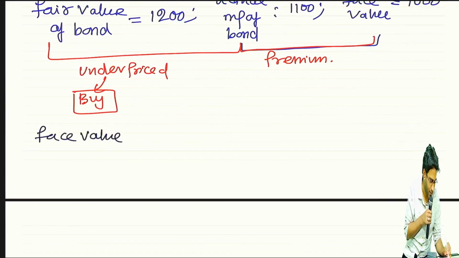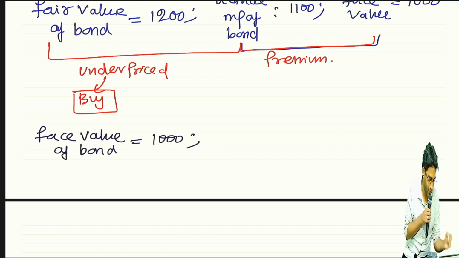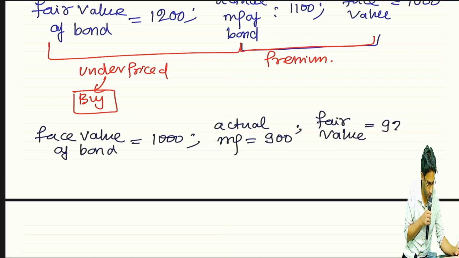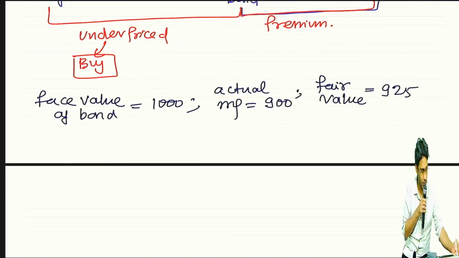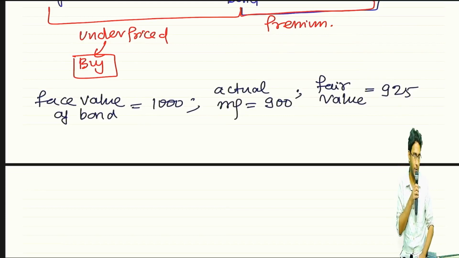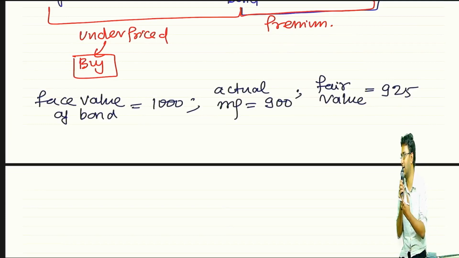Okay. Face value of the bond 1000. Actual market price is 900. Fair value is 925. First one, bond trading at par, premium, or discount? Sure, something less than par means that is at discount.